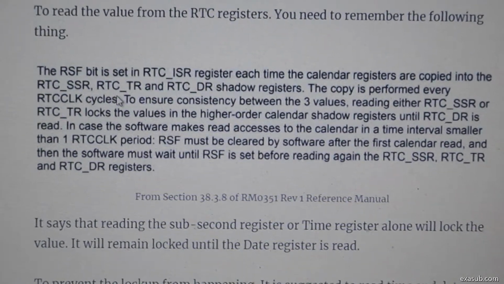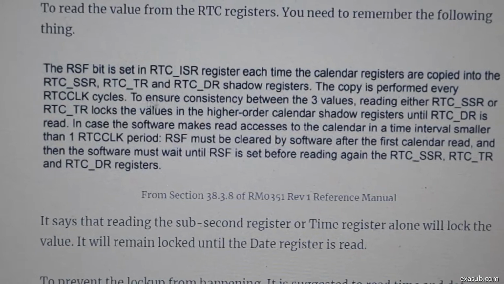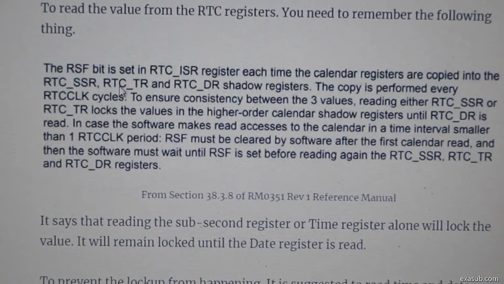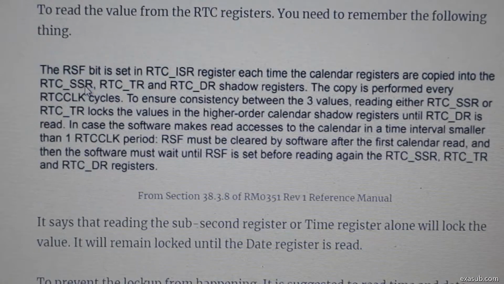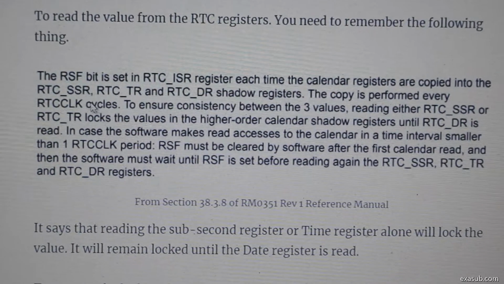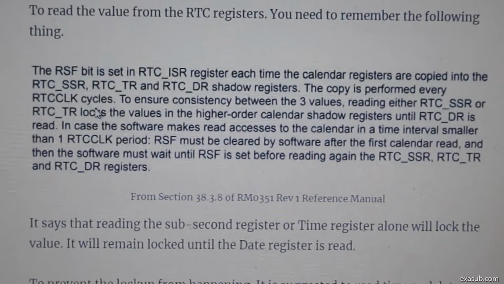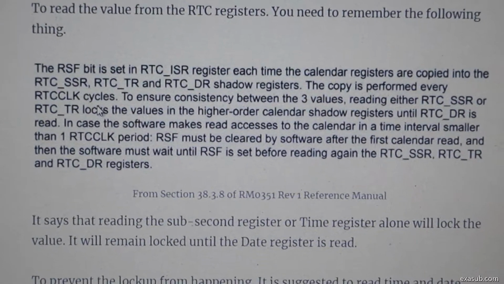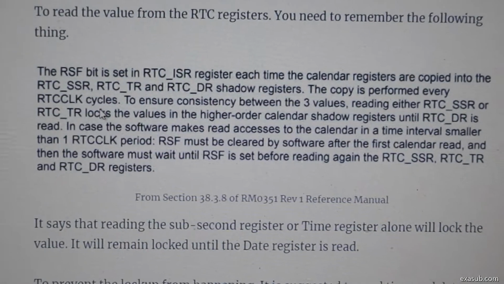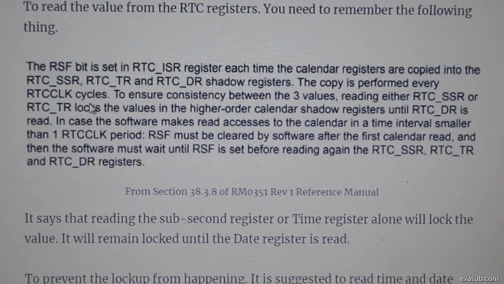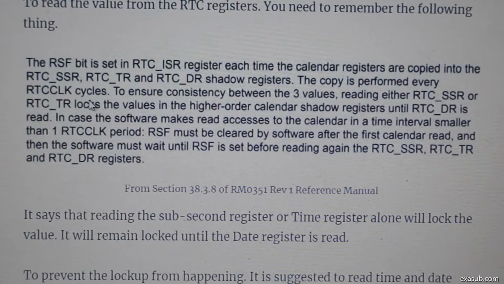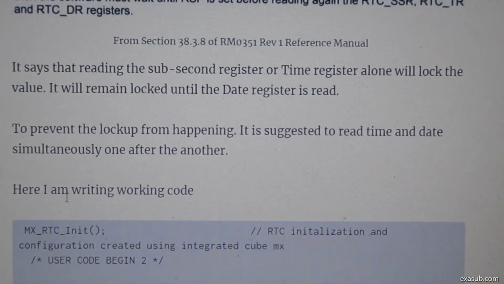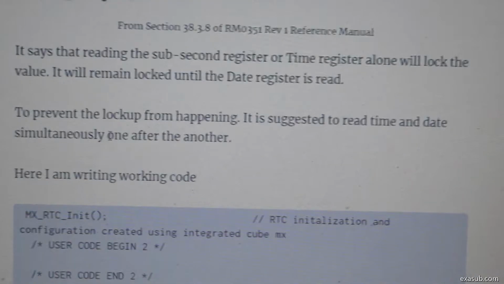If you do not read the time register with the date register, a lock will be placed on the time register and sub-second registers, which will lock their values, but the RTC will keep running, and the values that you read will not increment. They will only increment if you read the date register. So to prevent this lockup from happening, it is suggested to read time and date simultaneously, one by one.